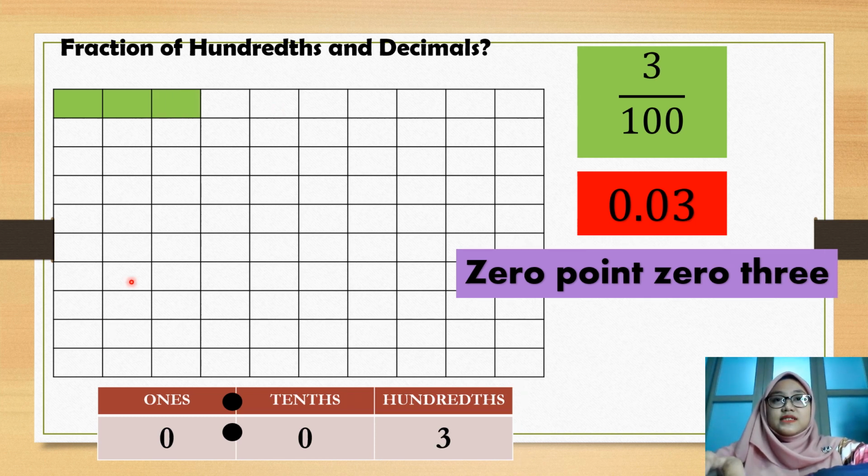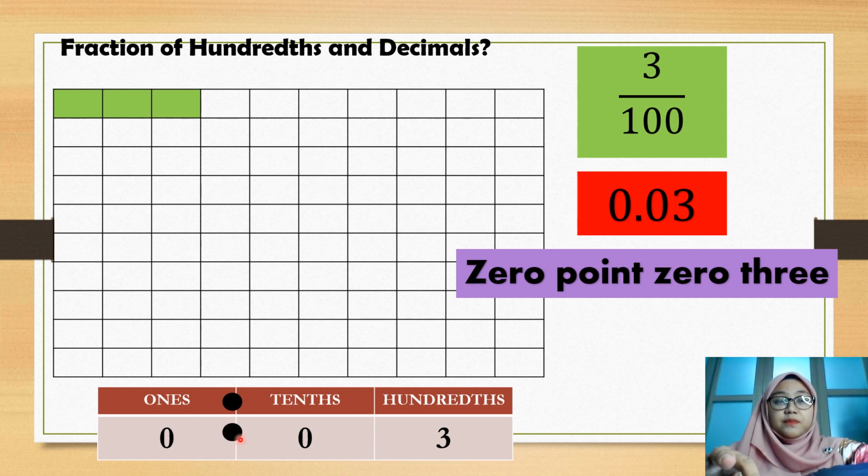Okay, same thing goes to 3/100. We convert into decimal, it becomes 0.03. This is the decimal places, where ones is 0, decimal point.